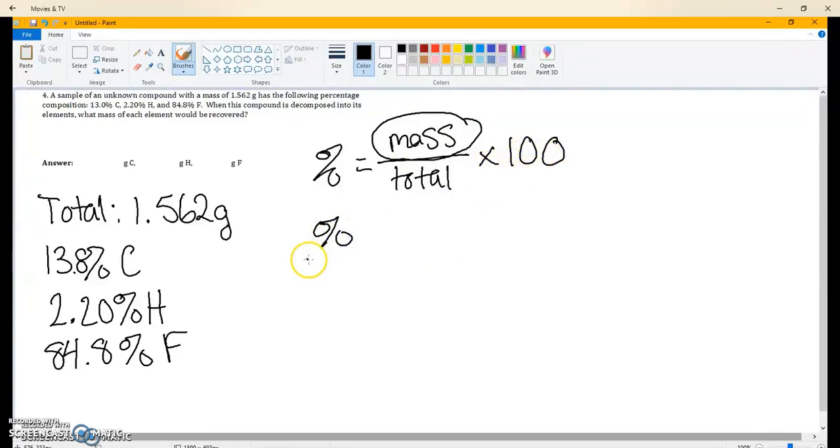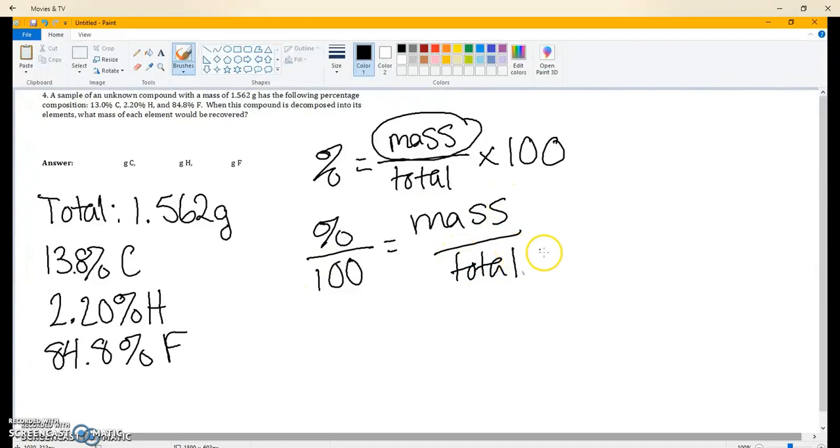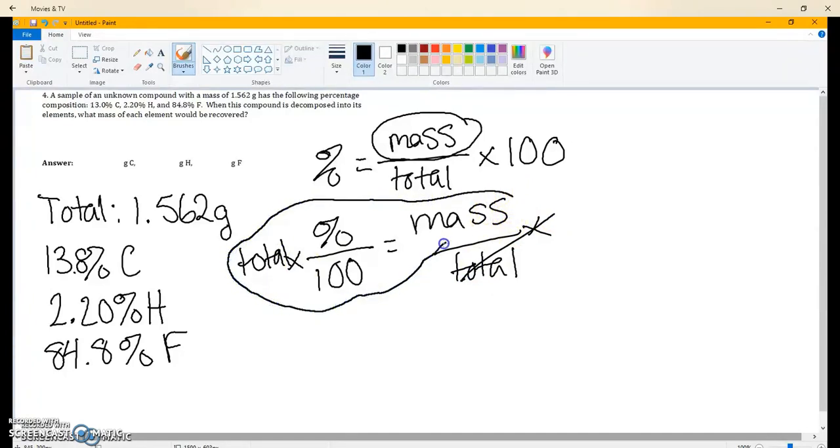So I'm going to take my percent and divide it by 100. And that equals the mass over the total. Then I'm going to multiply by the total on both sides. So that way I have my equation. Mass is equal to, or the mass of each element is equal to the total mass times the percent divided by 100. Go ahead and try it again if you couldn't figure that part out.